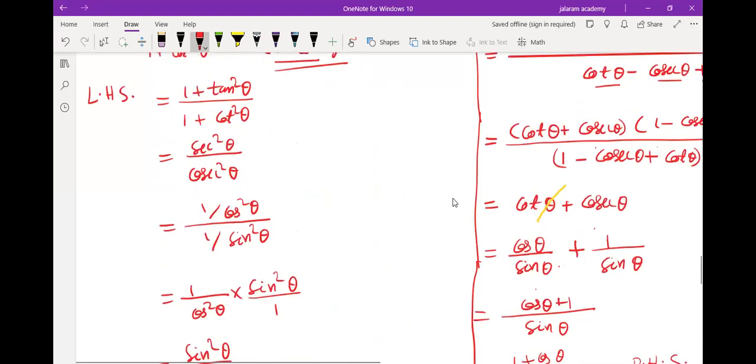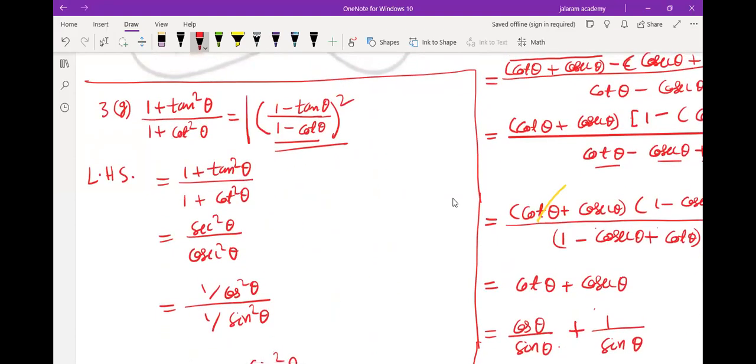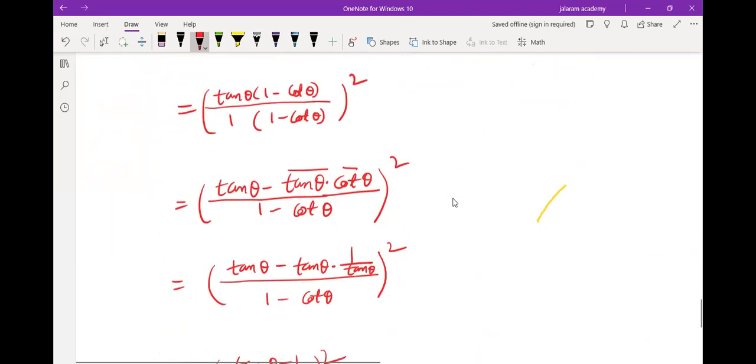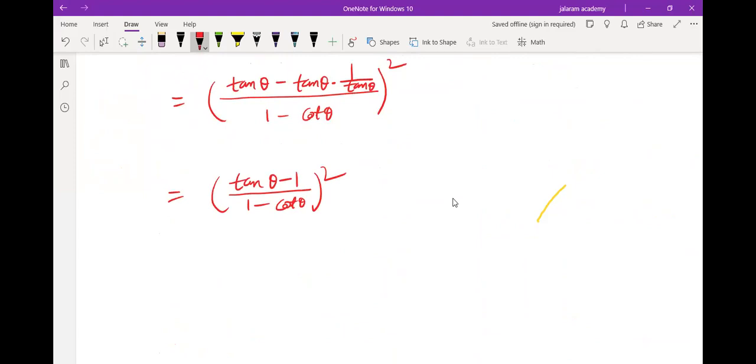So if we look at the right hand side, it is 1 minus tan theta upon 1 minus cot theta whole square. But what we have proved is tan theta minus 1 upon 1 minus cot theta. So how to change it to 1 minus tan theta? If we take minus common, tan theta minus 1 is minus tan theta plus 1. If we write positive first, 1 minus tan theta upon 1 minus cot theta whole square.